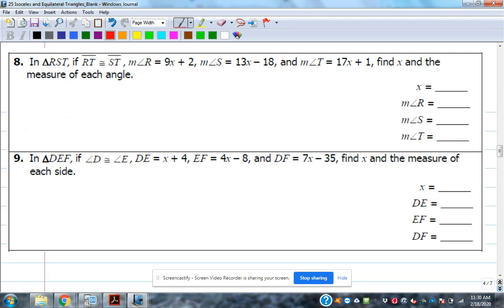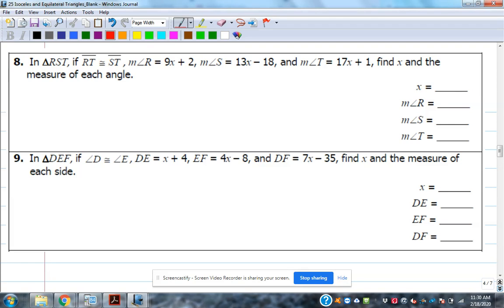Triangle RST, if RT is congruent to ST and the measure of angle R is 9x plus 2, the measure of angle S is 13x minus 18, and the measure of angle T is 17x plus 1. Find the value of x and the measure of each angle. I think it is helpful to draw a picture. Triangle RST and RT is congruent to ST. So where is the vertex angle?